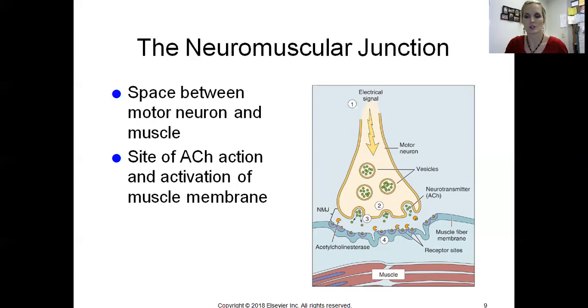So there's a small space between the motor neuron and that muscle, and that is where that neurotransmitter, again a chemical, ACh, acetylcholine, is going to send that signal to our muscle. As it mentions there, that's the site of that action and activation of the muscle membrane. It shows what's taking place here, pushing that through and sending a signal to the muscles. Again, I'm not going to test you guys on this or go into great detail about it.